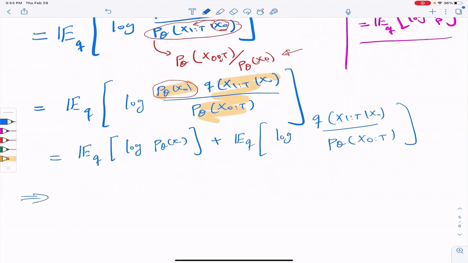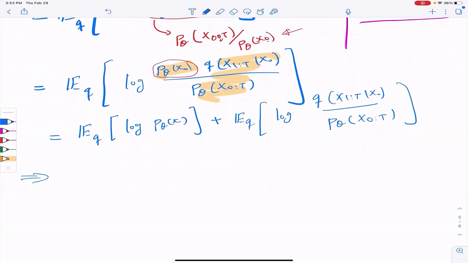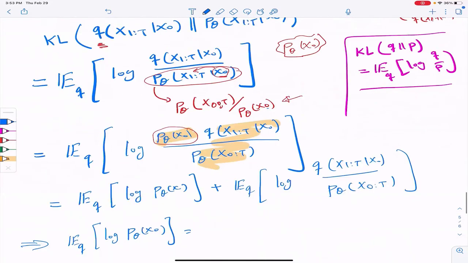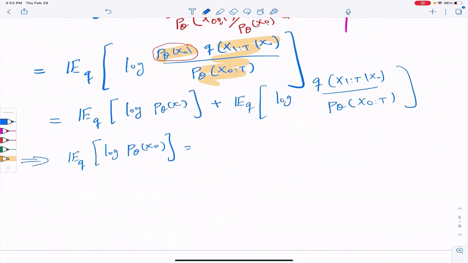Therefore, for the first part, expectation over q of log of p theta of x0, I can write it as the negative of this term minus this term.